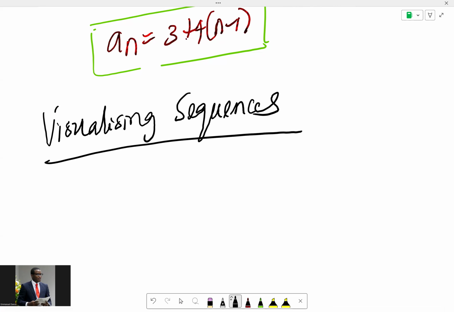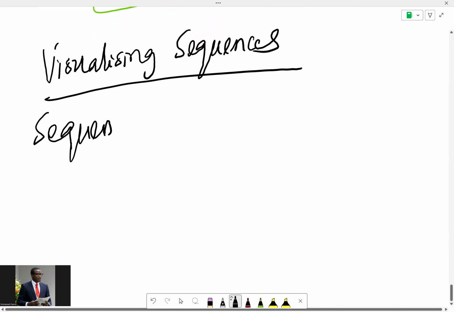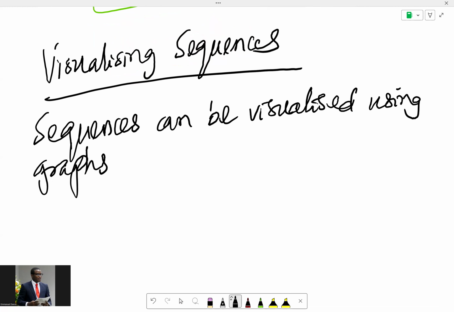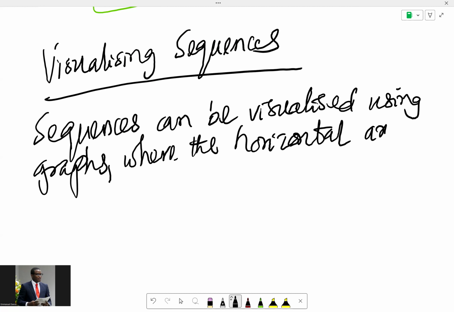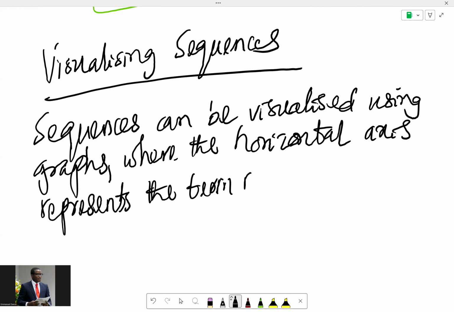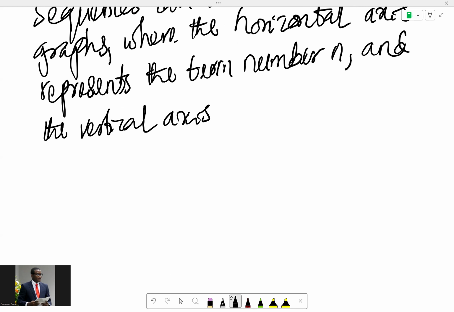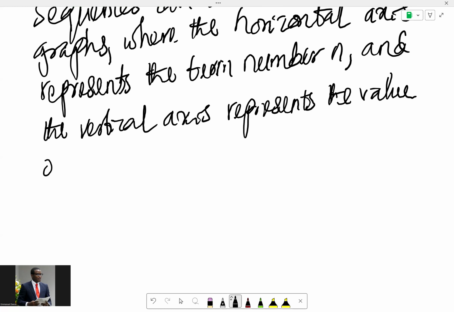Sequences can be visualized using graphs, where the horizontal axis represents the term number n, and the vertical axis represents the value of the term, which is a_n.